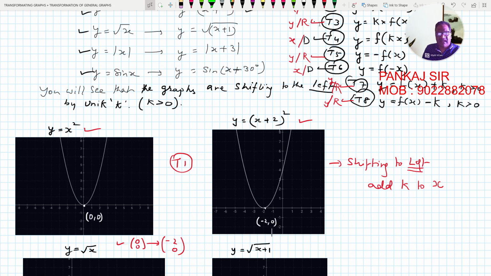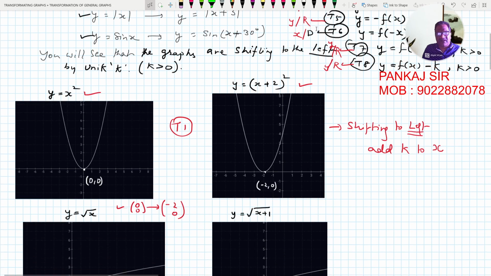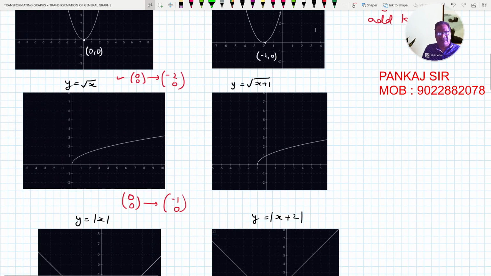Coming to the next one, now here I have changed the parent function from y is equal to x square to y is equal to root x. Now the parent function is y is equal to root x, and this is the graph of y is equal to root x. Now, when you want to transform this function by the same transformation T1, so what was T1?